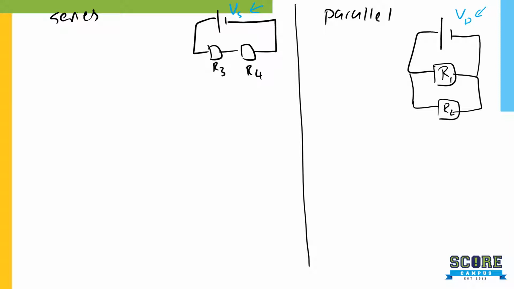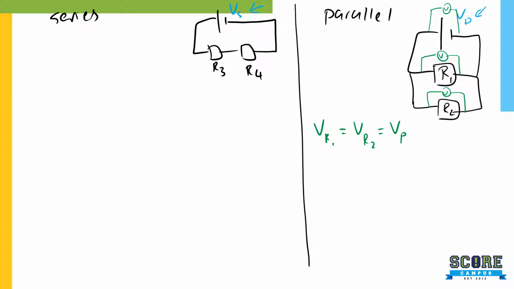Now, here you must know that the voltage across R1 is equal to the voltage across R2, which is equal to the voltage of the primary source. If I put a voltmeter here, another here, and another here, all the readings will be the same because this is a parallel circuit.